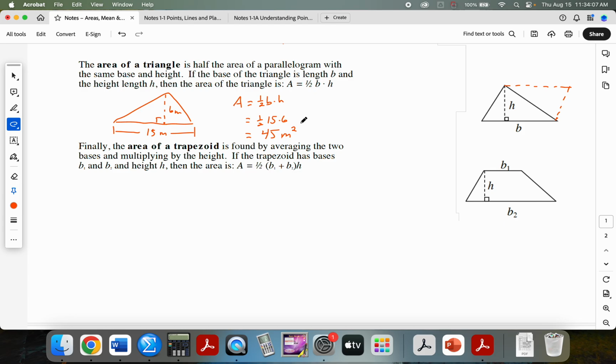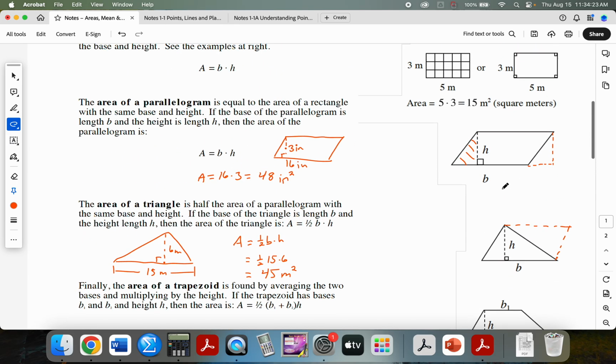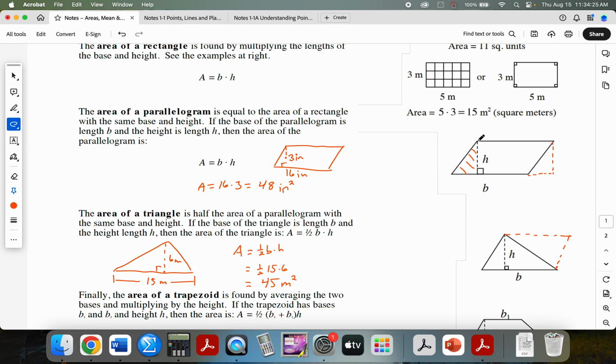All right, and then the other one that we're going to look at is the area of a trapezoid. The area of the trapezoid, which looks something like this, you've got 2 different bases instead of just one base size. If we go back up here to the parallelogram, what's this length going to be?